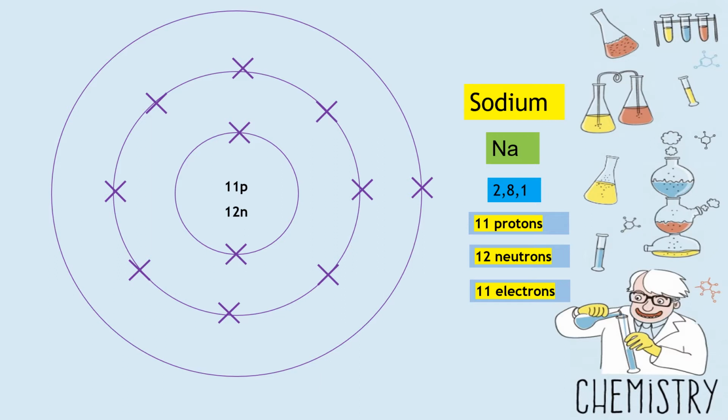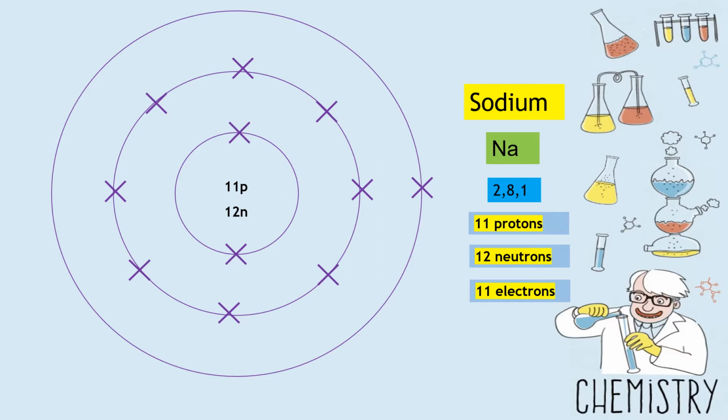If you look at the electron configuration, it is 2, 8, 1. Now, we're going to talk about the octet rule. Bonding follows the octet rule, which states that the atoms of the elements form bonds so as to have 8 outer electrons. Take note of that: 8 outer electrons, or 8 valence electrons.